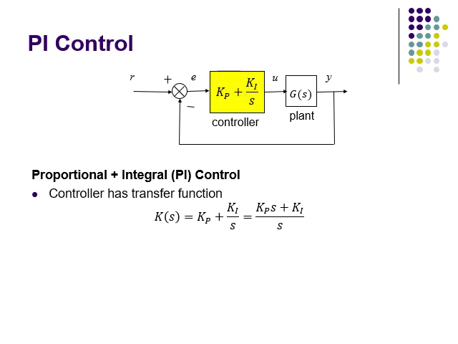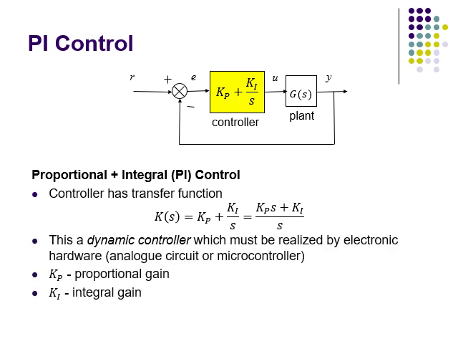Okay, so if we want to implement this dynamic controller, we can do so by creating the required electronic hardware. So this could be an analog circuit with op-amps, resistors, capacitors, or it could be created using a digital microcontroller.